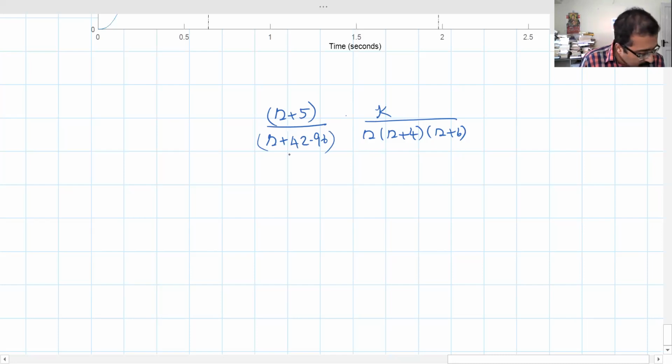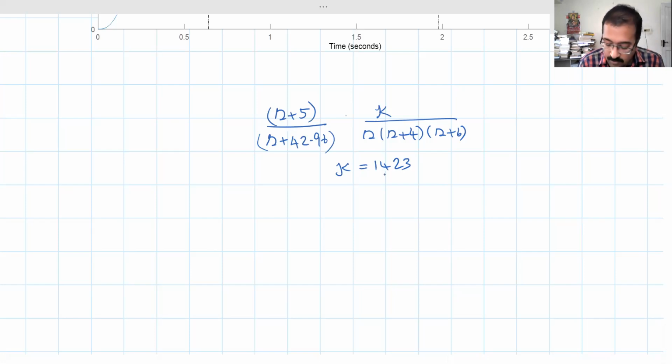Now if you solve for this, your gain K will be 1423. In our earlier case it was around 698. So K is around this value. That's the only difference, and the root locus will be shaped in such a way that it passes through the desired dominant pole.